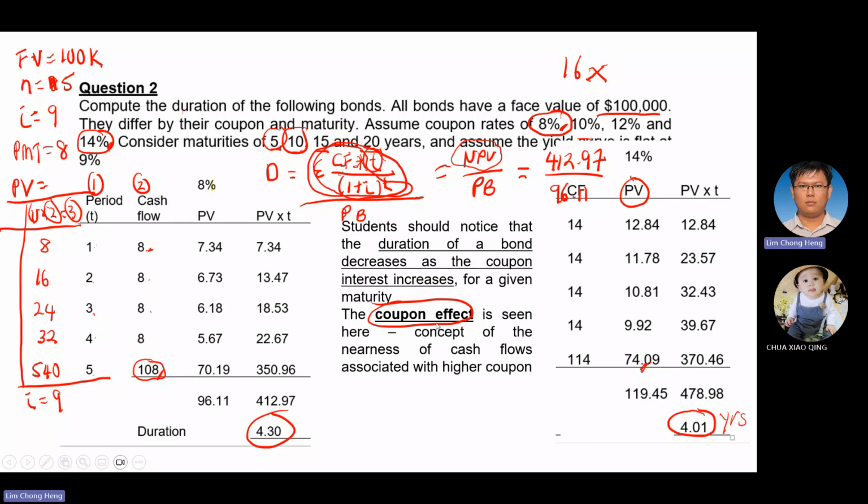Then the homework is to calculate 10 years for the 8% and 14%. Make sure you can make good friends with your calculator.